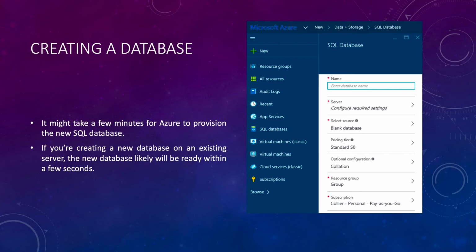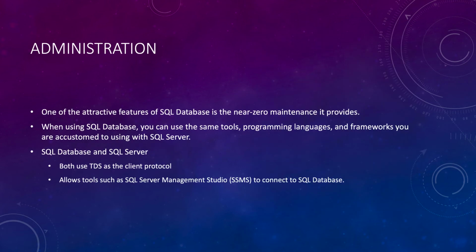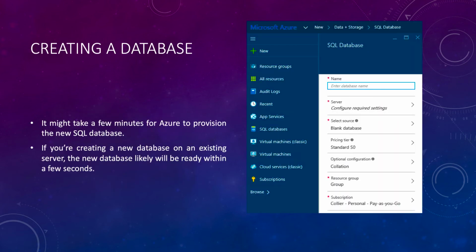If you're creating a new database on an existing server, the new database likely will be ready in a matter of a few seconds. Remember, as we discussed before, the maximum size for SQL database instances is 1 terabyte at the P11 level.